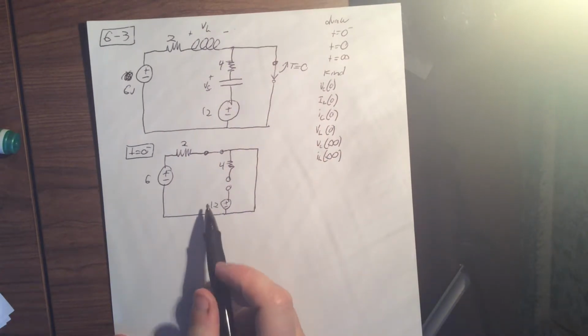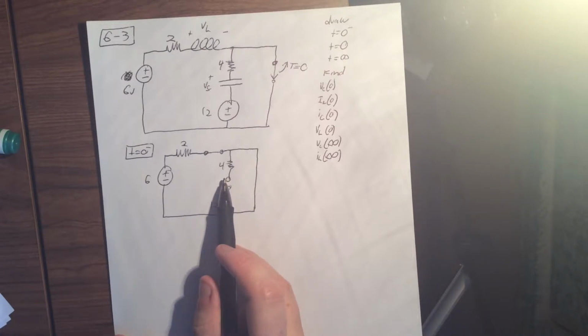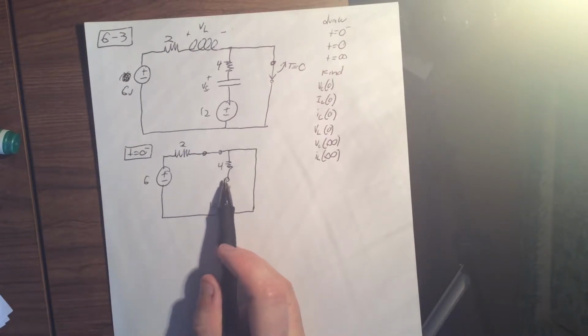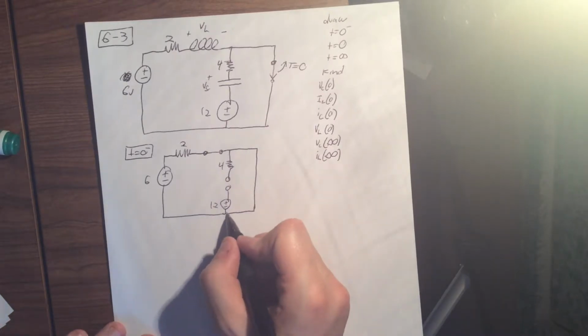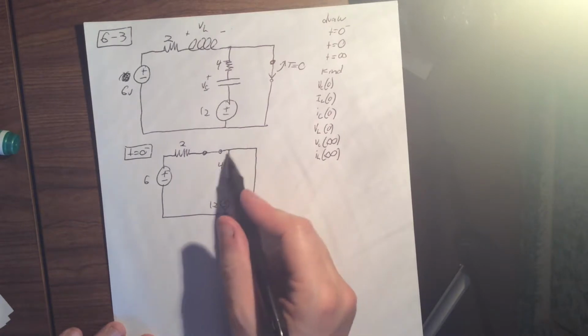All right. So let's look at each part. Our voltage drop over the capacitor at 0 is going to be what? Well, we have ground here, and we have ground all the way up here.